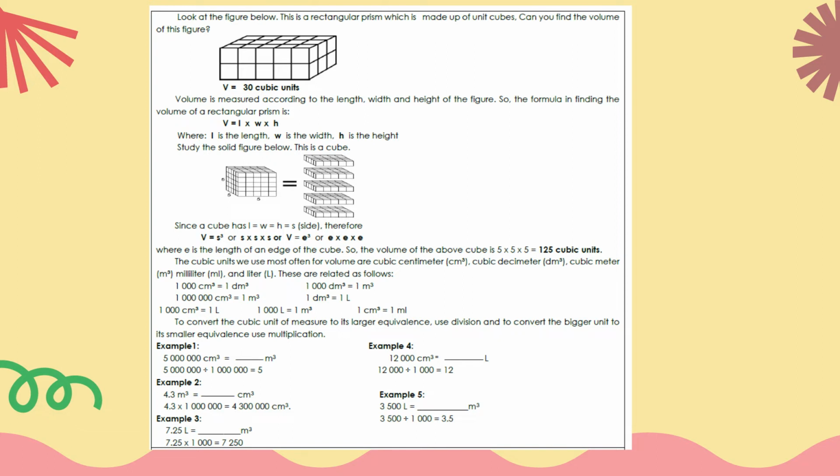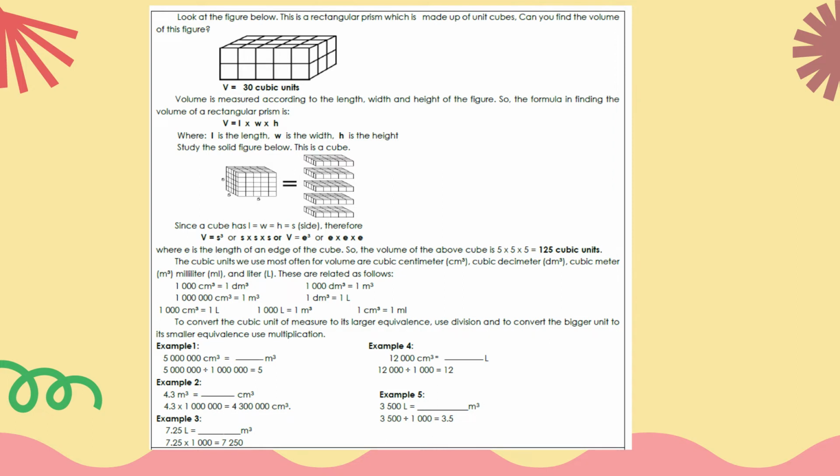To convert the cubic unit of measure to its larger equivalents, use division. And to convert the bigger unit to smaller equivalents, use multiplication. Example 1: 5 million cubic centimeters is equal to how many cubic meters? 5 million divided by 1 million is equal to 5.